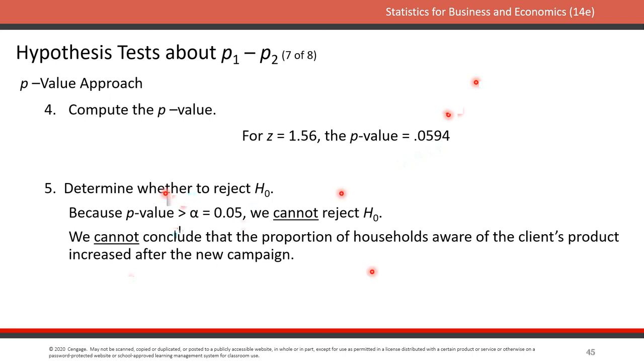And again, this echoes what we found in our critical value approach. It echoes what we found using the confidence interval. And it should be that all three of these align. If all three of these do not align, there was a mathematical calculation error. That is, you messed up one of them. All three of these are mathematically equivalent, so all three of these will align every time.